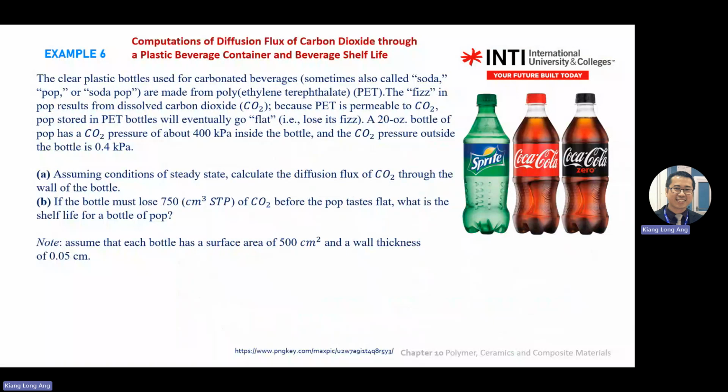A, assume the condition is steady state, and calculate the diffusion flux, the J equation of CO2 through the wall of the bottle. B, if the bottle must lose 750 cm cube STP of CO2 before the pop starts to taste flat, what is the shelf life of a bottle of the pop? It gives you the area, 500 cm square, and the wall thickness.